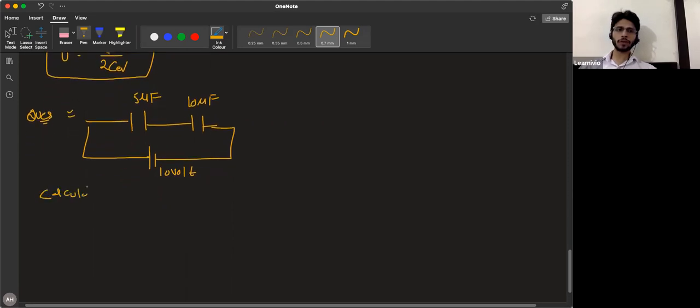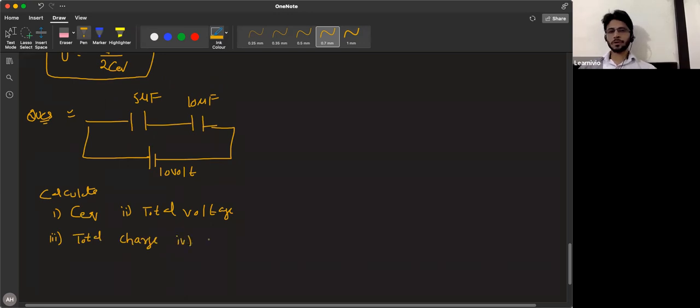So if you know how to solve this circuit, then a complex circuit won't be an issue for you. We're supposed to calculate: first part, equivalent capacitance. Second part, total voltage. Third part, total charge. Fourth part, charge stored in each capacitor.